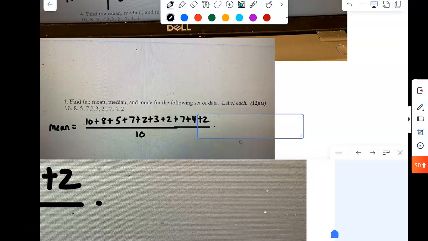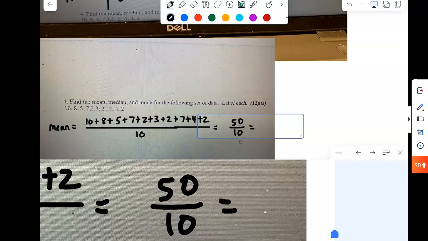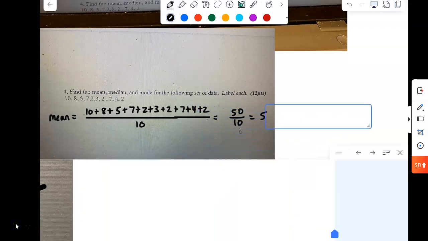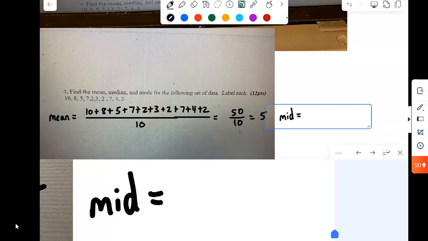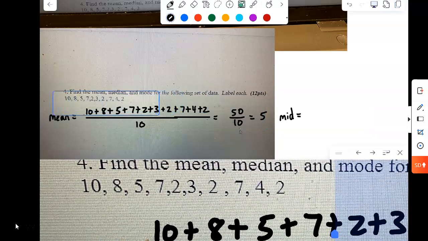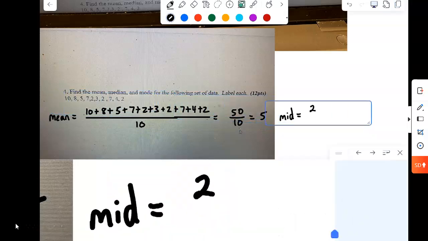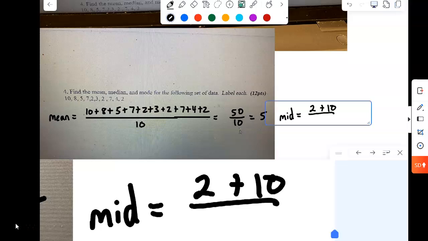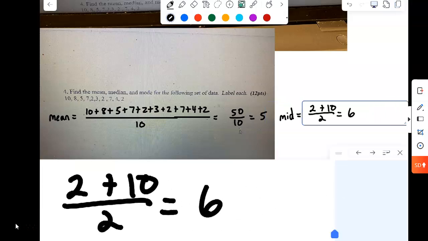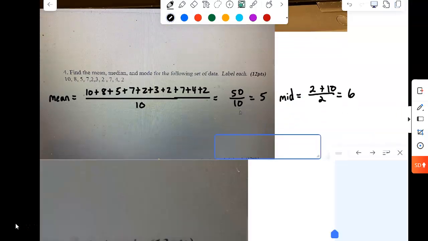So 50 divided by 10 would give us, in this example, a mean of 5. Now for the mid-range, all we do is average the high and low. So the lowest value is a 2, the highest is a 10. So 2 plus 10 divided by 2 would give us a mid-range of 6.